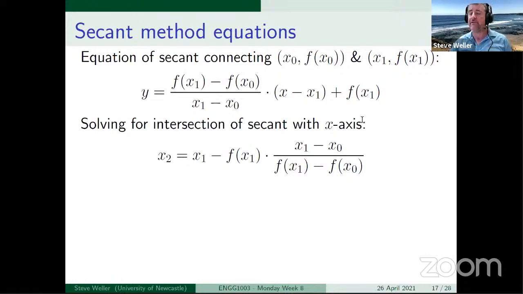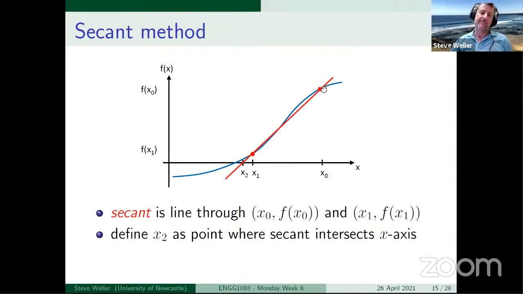Do I expect you to be able to derive it for this course? No. Is there anything here beyond high school arithmetic? No. I want to be absolutely clear about where I'm getting these equations from, so I'm presenting the equations for you here. Now, the top equation that you see here, y equals ..., is the equation of the red straight line, the secant between these 2 red dots.